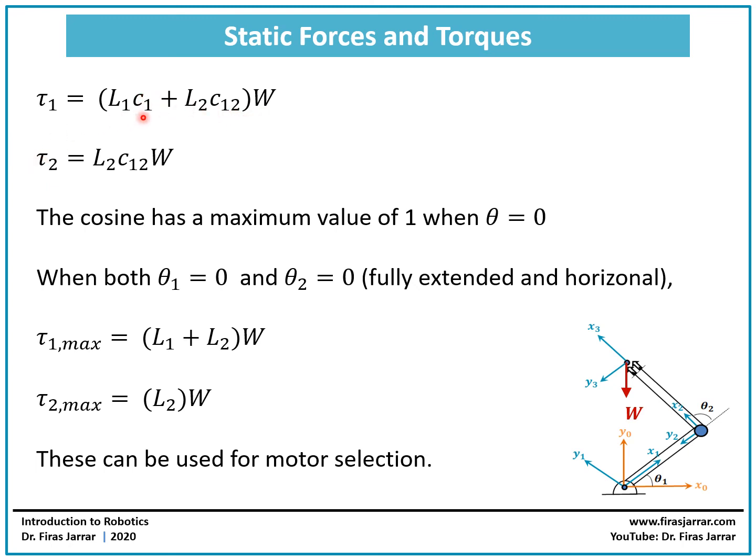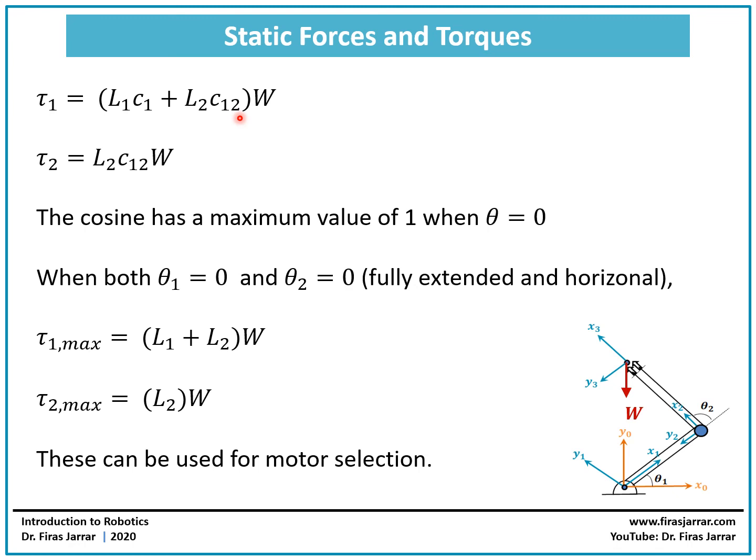So the variables are going to be cosine theta 1 and cosine of the summation of theta 1 and theta 2. And we know that the cosine in general has extreme values of -1 and 1. So we can think of a maximum value of 1 for each one of them. And when would this one be equal to 1?